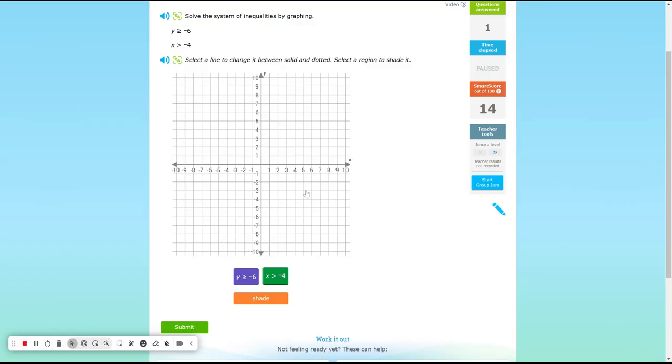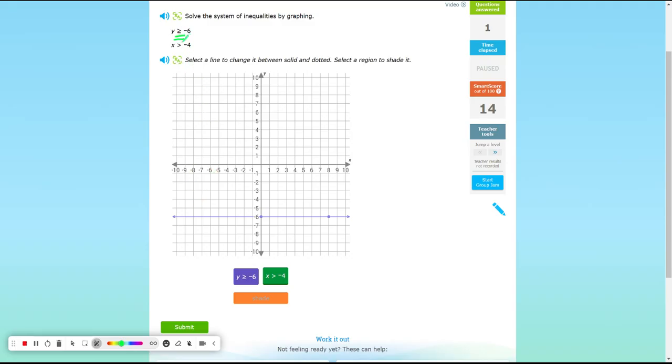Now we graph the boundary of y bigger or equal -6. It should be horizontal. I go and find -6 on the y-axis and drag it to make it horizontal. As you can see, it should be solid because there's an equal sign right there.